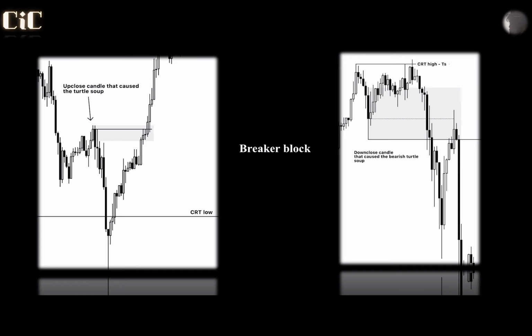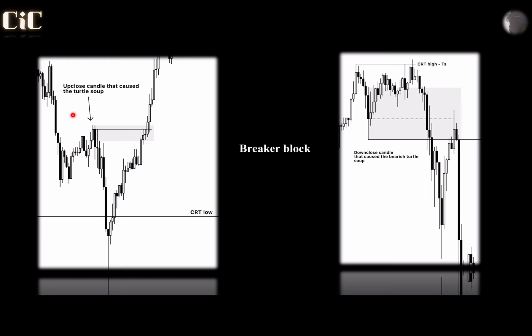Next up, you have the breaker block. Now you have the bullish breaker, and we have the bearish breaker. And the bullish breaker is the up-close candle that caused the bearish turtle soup. Right, so it's one specific candle. Again, remember the difference between what we do and what the other schools of analysis do.